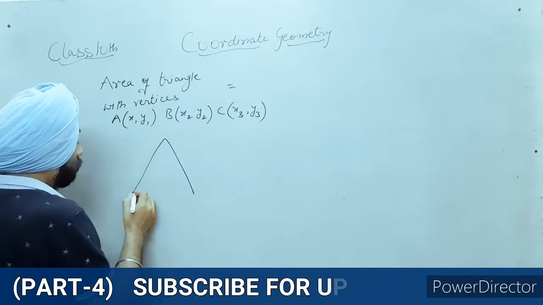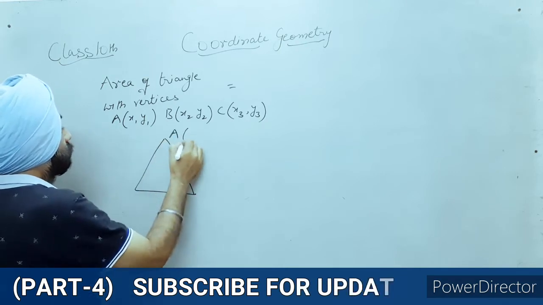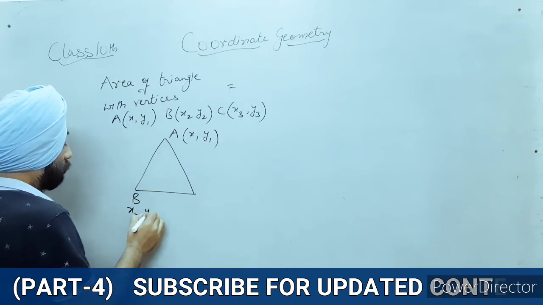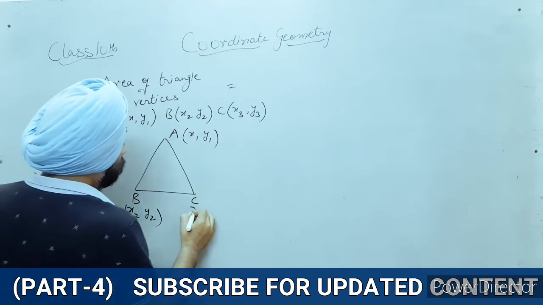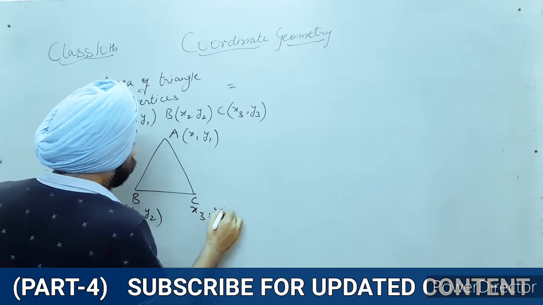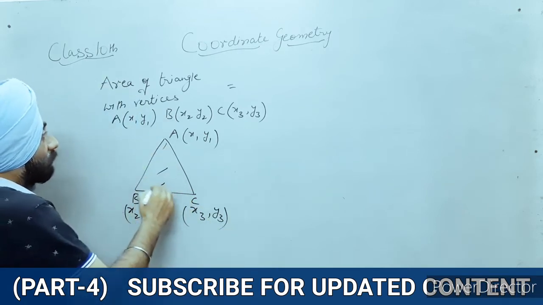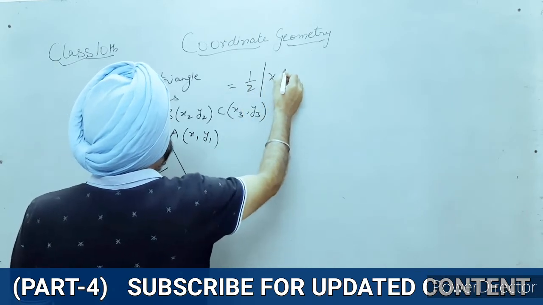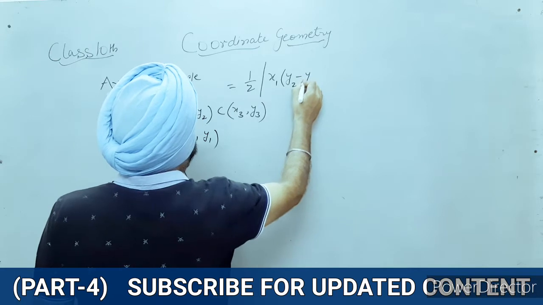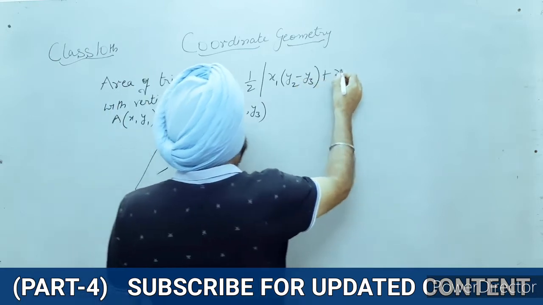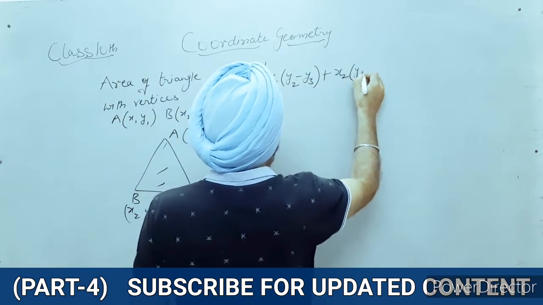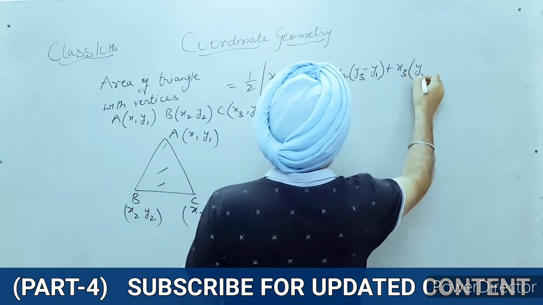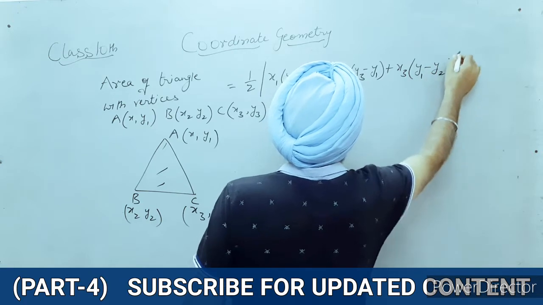Let me draw a triangle ABC. A vertex is x1, y1, B vertex is x2, y2, and C vertex is x3, y3. The area of this triangle is half times modulus of x1 (y2 minus y3) plus x2 (y3 minus y1) plus x3 (y1 minus y2).